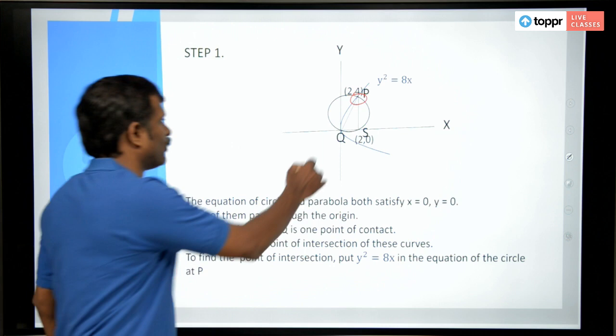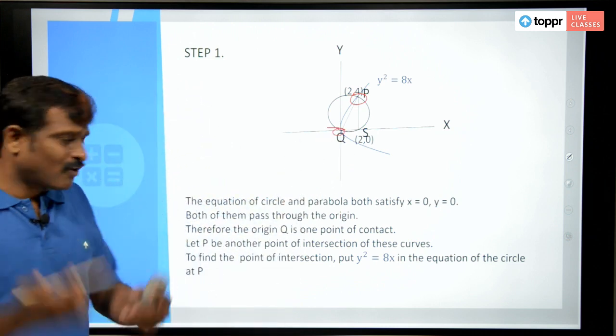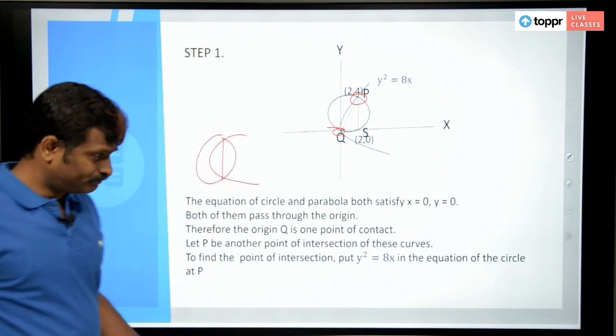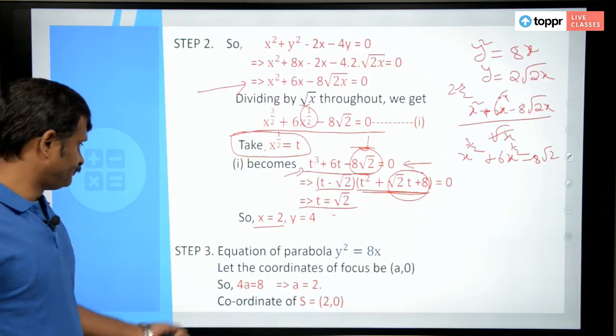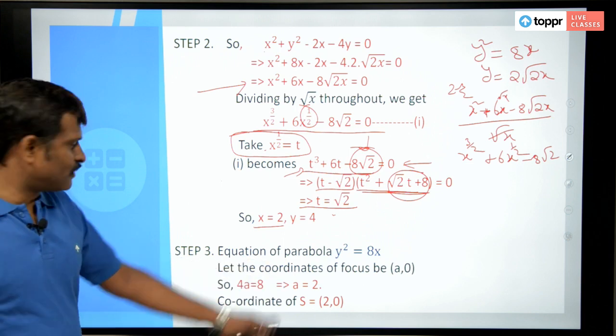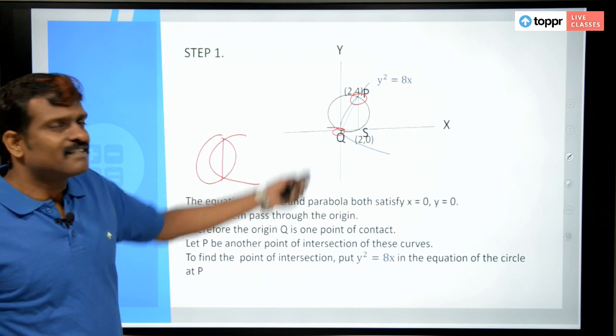So, the common chord for these two, like common chord is where both of them intersect, you can draw the common chord, right. The 2 points are 2 comma 4 and 0 comma 0. Now, what is the equation of the parabola? Y square is equal to 8x, and he said S is the focus.